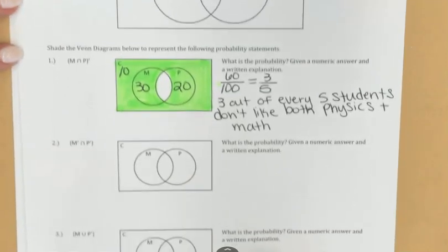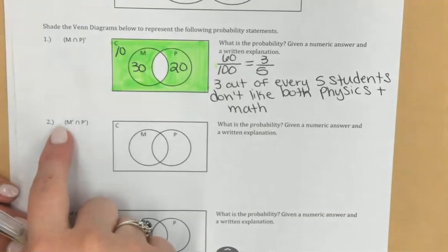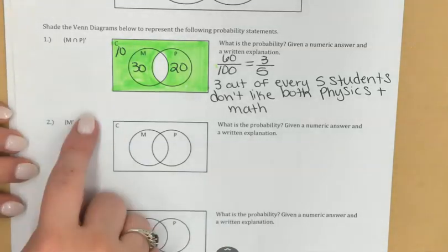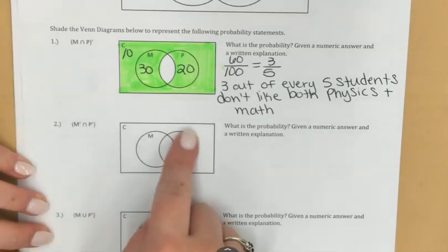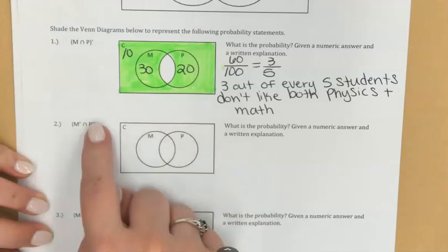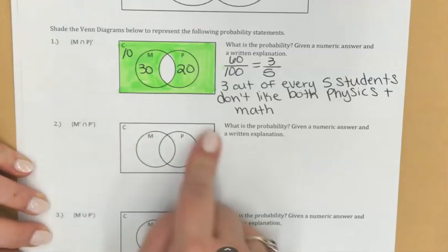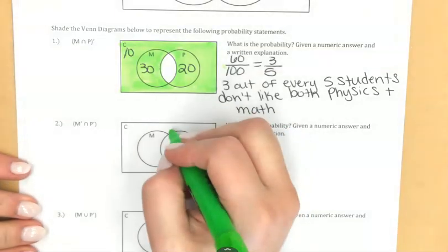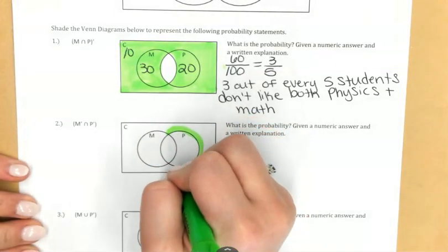Okay, let's look at the next one, number 2. I've got not M intersect not P. So let's think about that. What is not M going to be? That's going to be everything around M, and not P is going to be everything around P. So what would those two have in common? That would be the outer rectangle. So that is what I'm going to shade in.